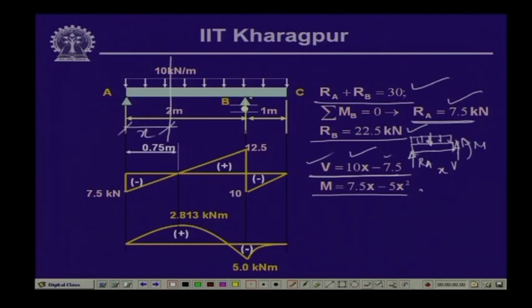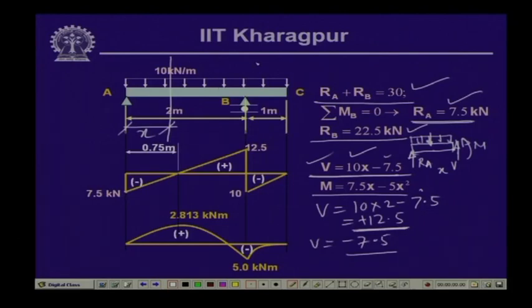Now, if we would like to find the shear force at the point B, where x equals 2, since we do not have any load in between, at x equals 2, the value of V is 10 into 2 minus 7.5, which is 20 minus 7.5, this is 12.5, and this is plus 12.5. Note that when x equals 0, V equals minus 7.5, and at x equals 2, V equals plus 12.5.